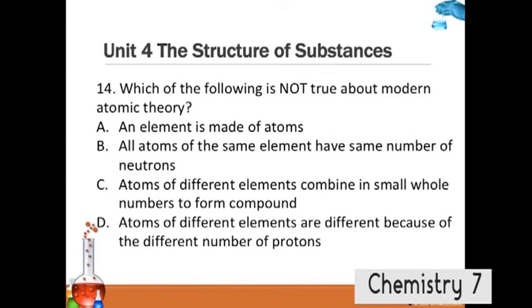Which of the following is not true about modern atomic theory? An element is made of atoms. All atoms of the same element have the same number of neutrons. Atoms of different elements combine in small whole numbers to form compounds. Atoms of different elements are different because of the different number of protons.